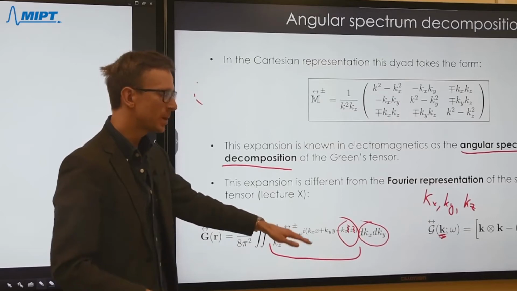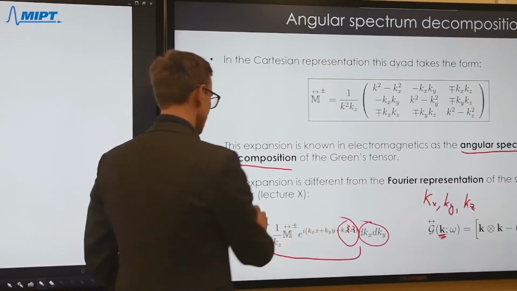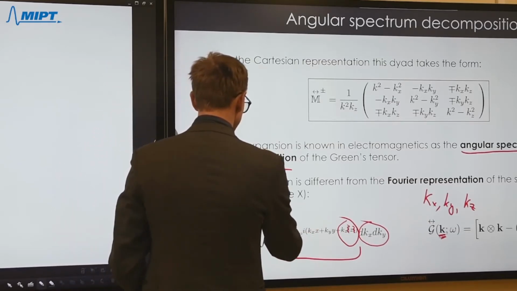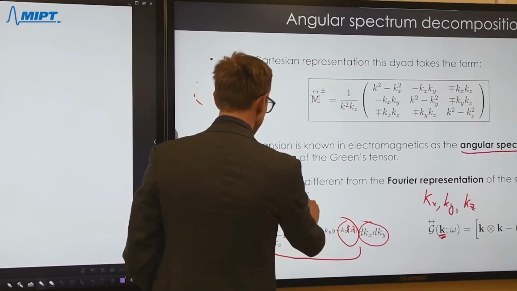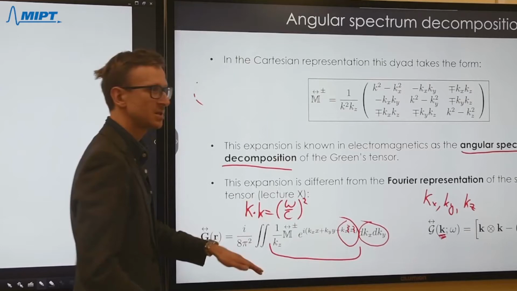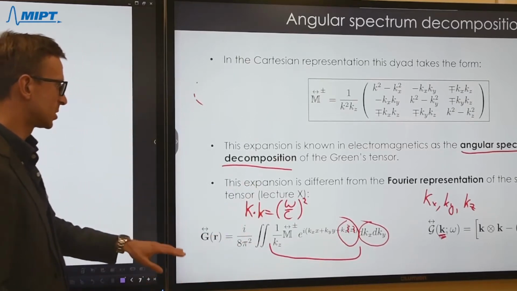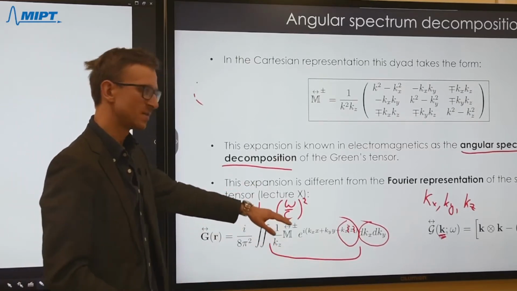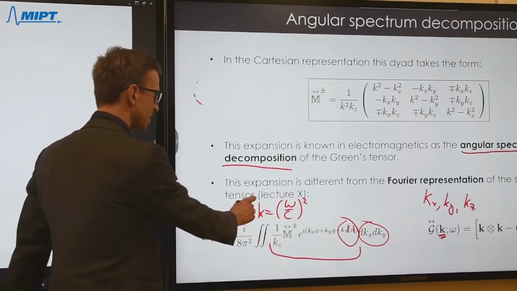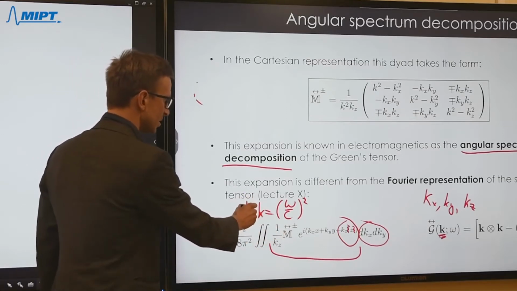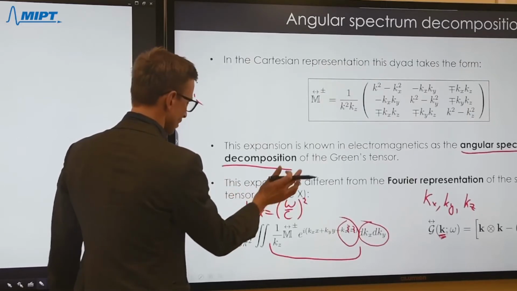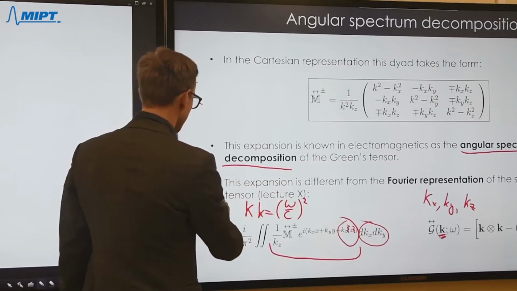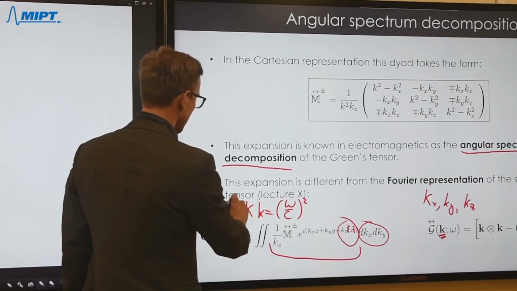And all plane waves entering this expansion satisfy k dot k equals omega squared over c squared. Propagating, evanescent, no matter what, all of these waves satisfy the dispersion relation. And remember that for evanescent waves, k dot k and the absolute value of k are, of course, different.